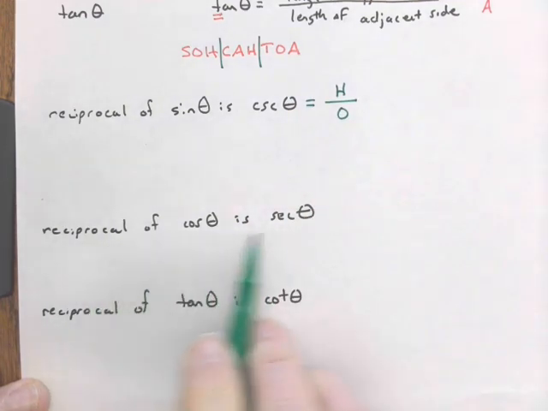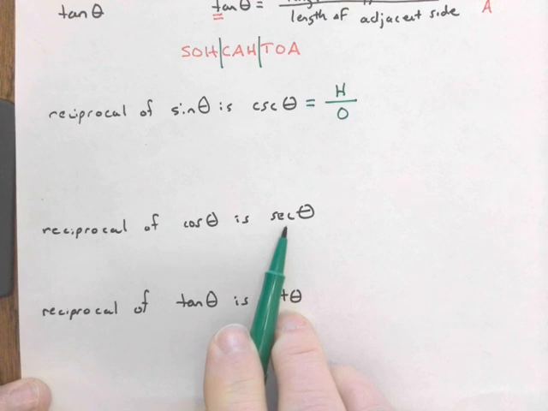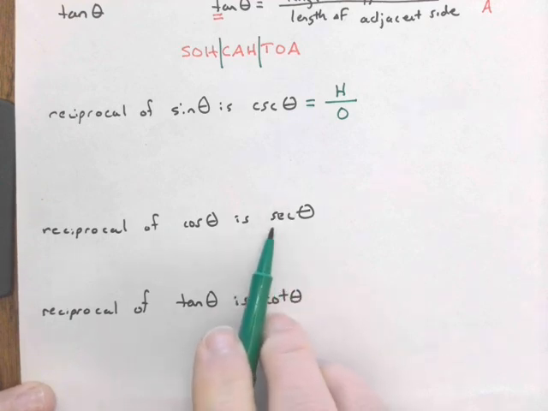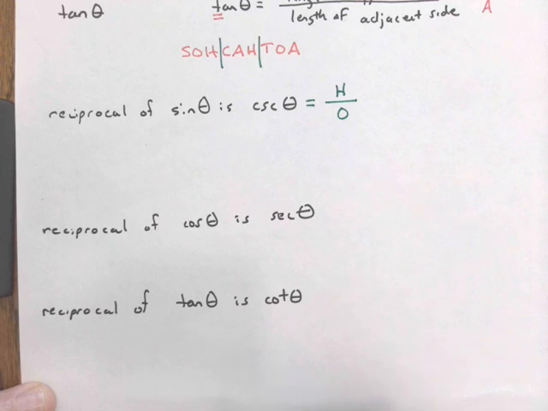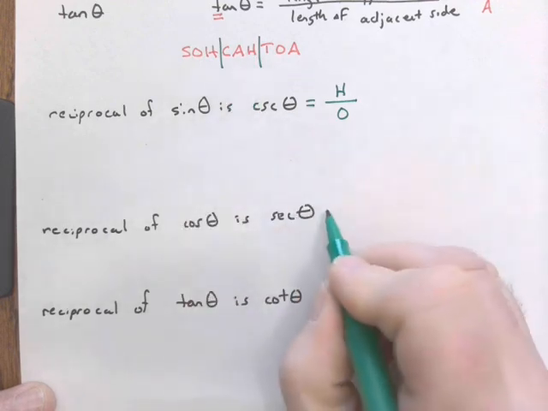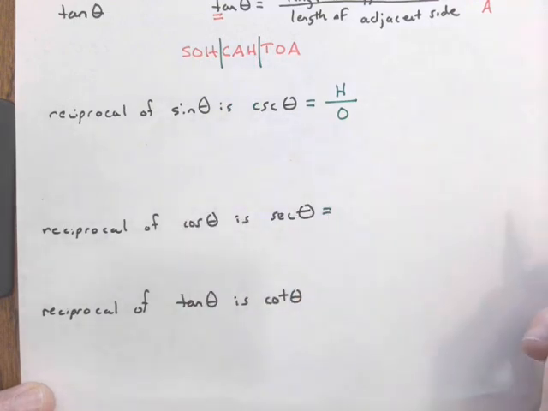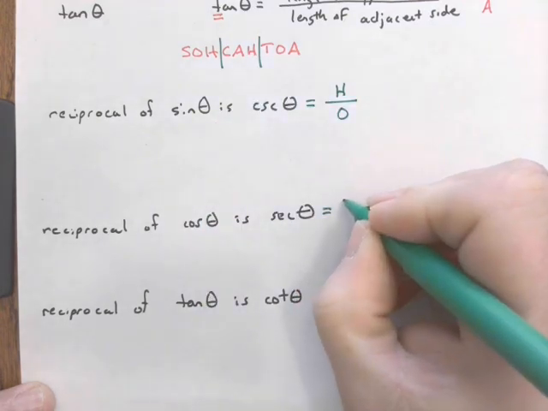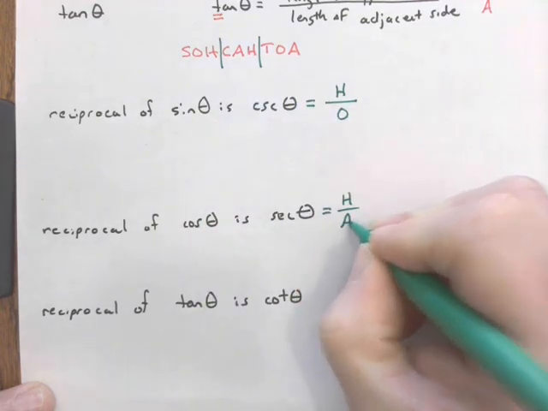The reciprocal of cosine is secant, S-E-C-A-N-T, but again, we abbreviate it with the first three letters. We haven't used those three, so we can use those now. Because they're reciprocals, we can just use the CAH part of SOHCAHTOA to figure out what the secant is equal to. Cosine is adjacent over hypotenuse, so secant would be the reciprocal of that, hypotenuse over adjacent.